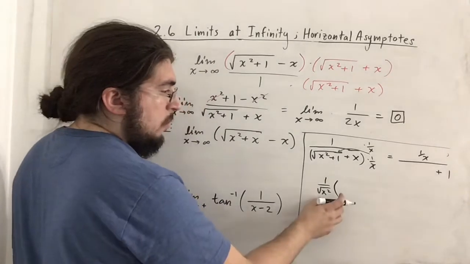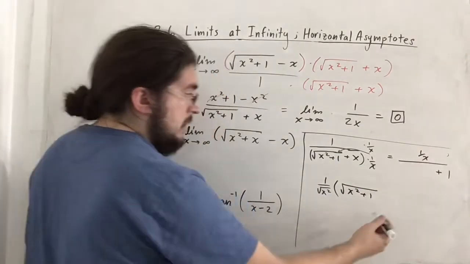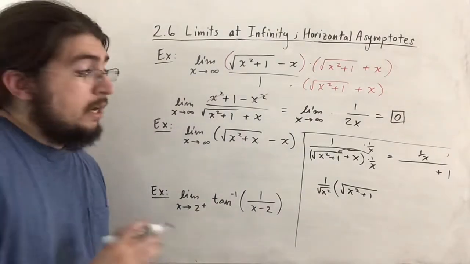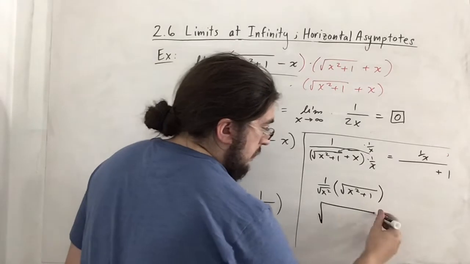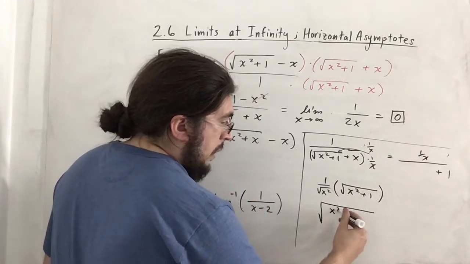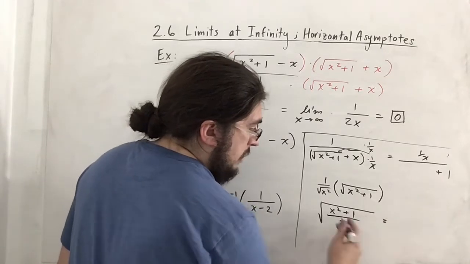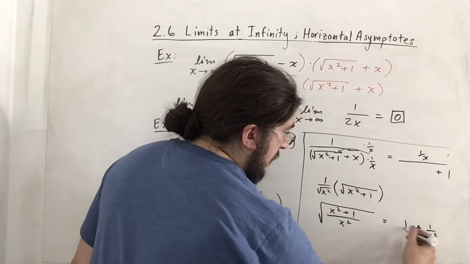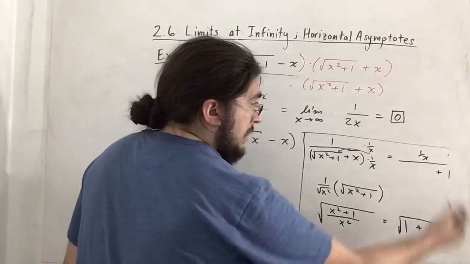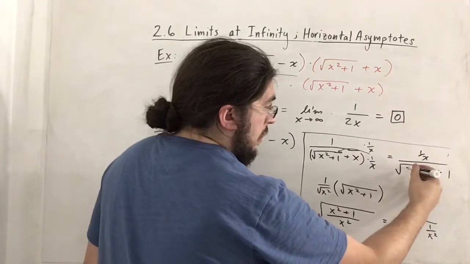So I'm distributing 1 over radical x squared into the radical x squared plus 1. In other words, we can write this all under one radical, x squared plus 1 all over x squared, which reduces as x squared over x squared, which is 1, plus 1 over x squared. Again, all under that radical. So that's what the first term really becomes once you distribute 1 over x.